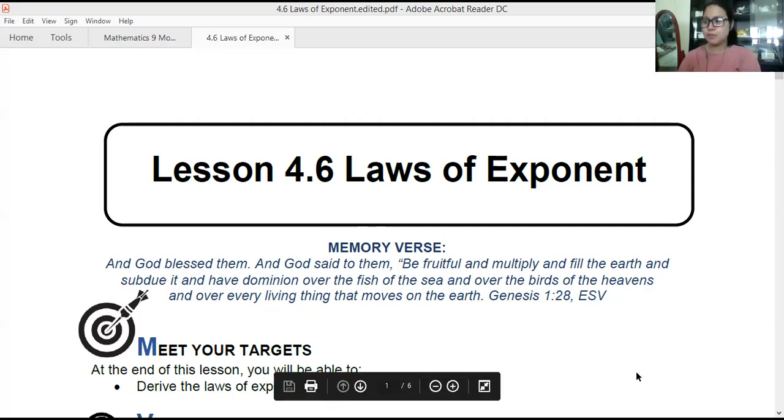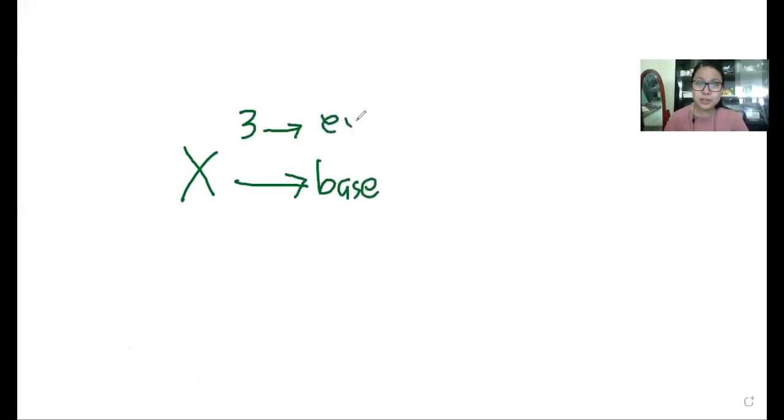Now, for example, we have the expression x to the power of 3. X is called the base, while 3 is called the exponent. The exponent tells us how many times you are going to multiply the number by itself.